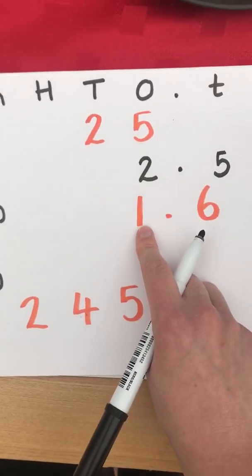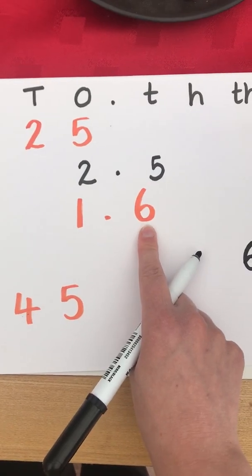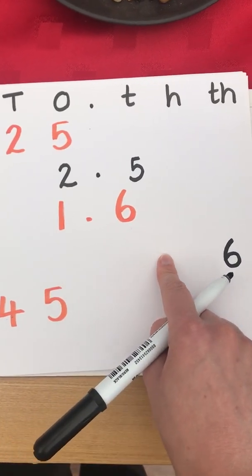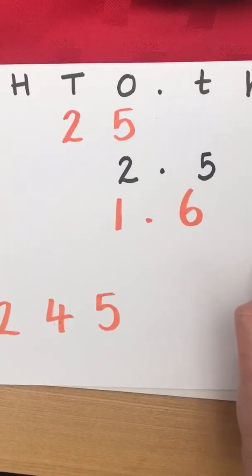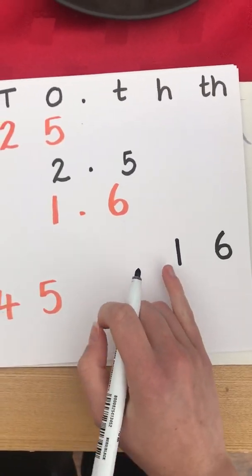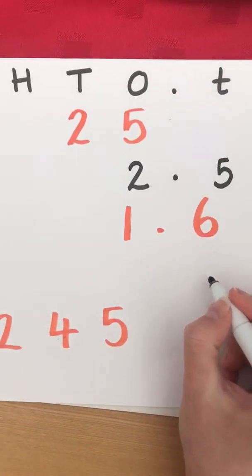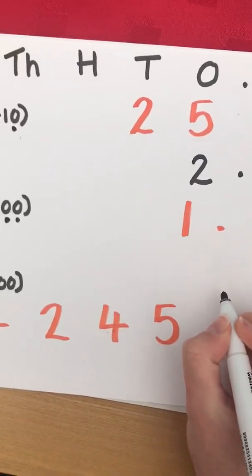Our number 1, which is in the ones column, is going to jump once into the tenths, but it needs to jump again into the hundredths, and it ends up here. Now, we need some placeholders here because we can't just leave this number floating around. We've got no tenths, so we can put 0 here.